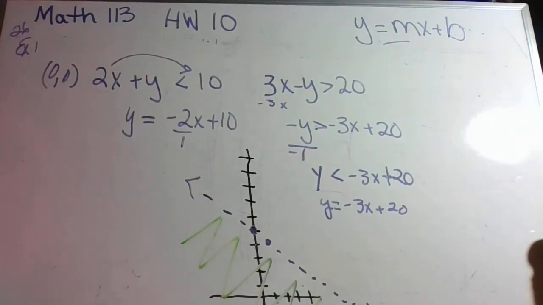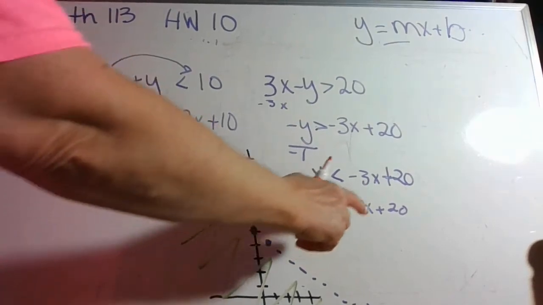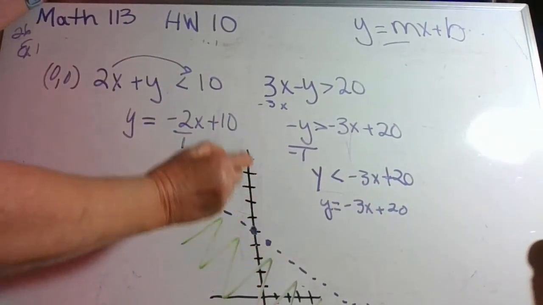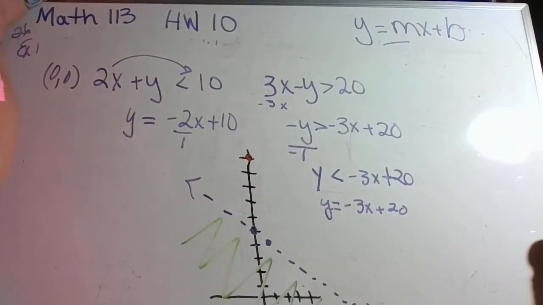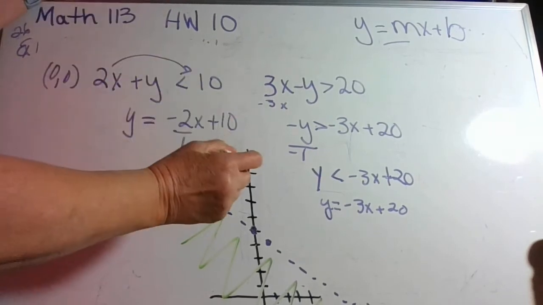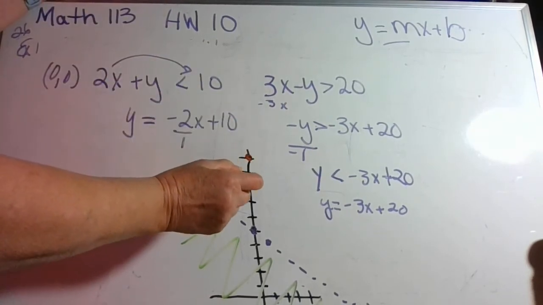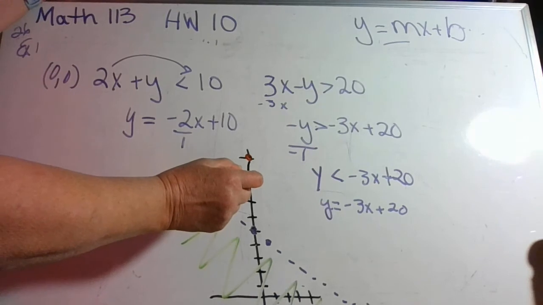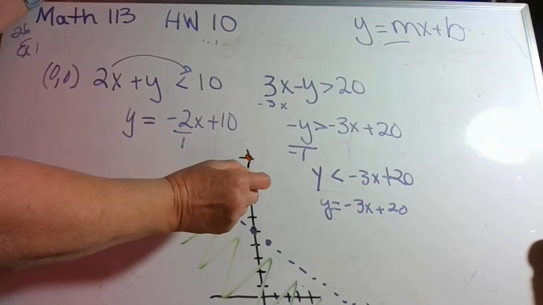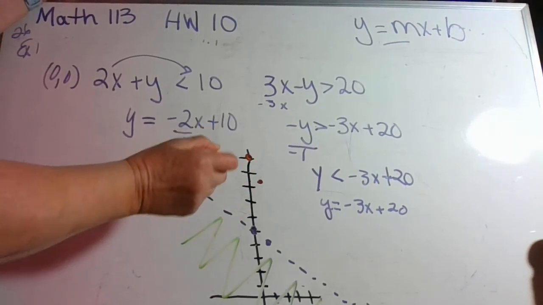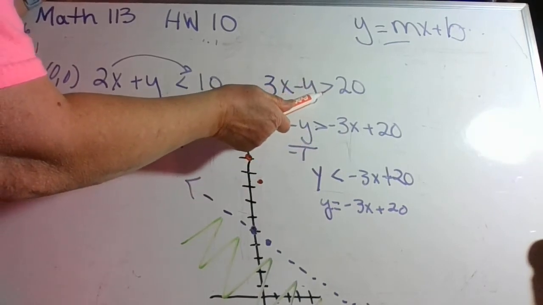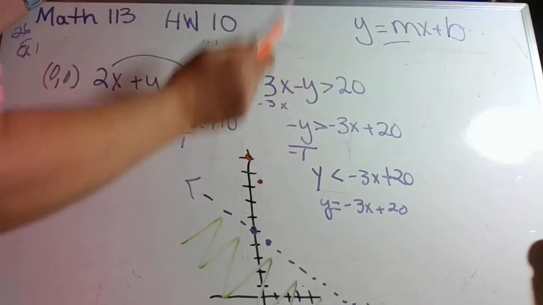Now we're going to go ahead and graph that other one. Y is equal to, and we have to go up to 20. We already know that. It's right there because where we put it. And then I go down 3, and to the right, 1. So about right in there. And is that one dotted or solid? Correct, it is dotted.